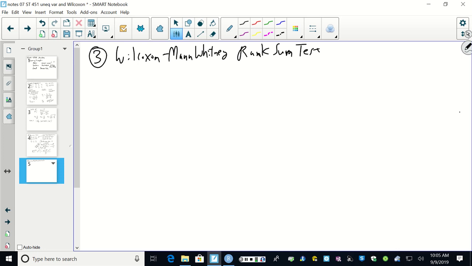So this one is in the realm of things called non-parametric tests. They're tests that don't assume the data is normal, or that the data comes from some distribution in a parametric statistical form.